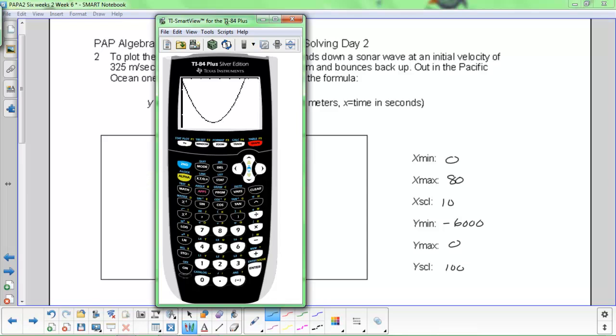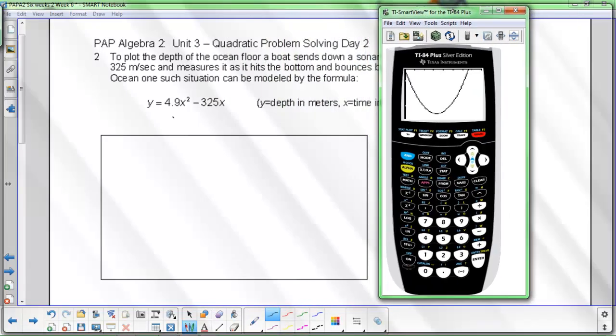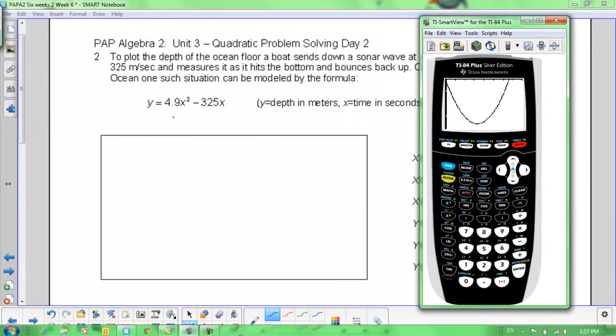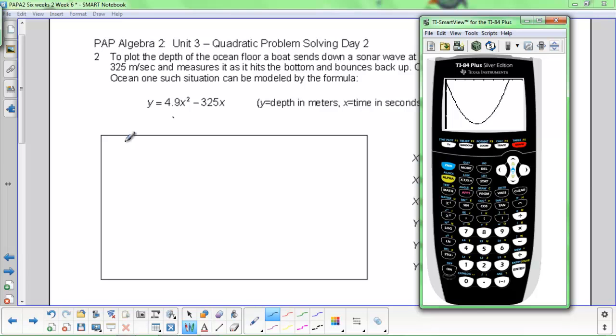Okay, after graphing the situation, you get something that looks like this. Go ahead and draw that in.